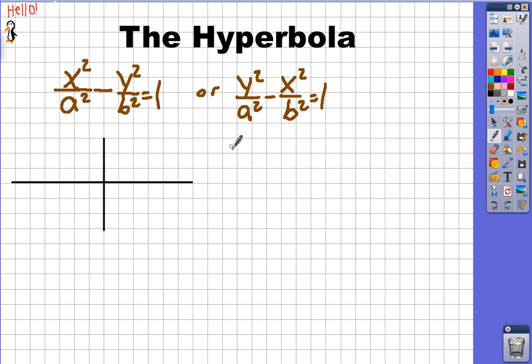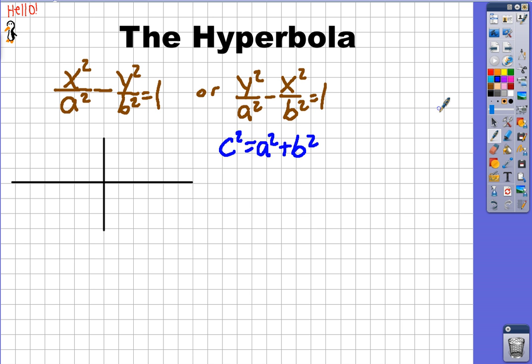This time, c is found not by c squared equals a squared minus b squared, but a squared plus b squared. So this is actually back to the Pythagorean theorem, or at least the way that we remember it. So here's one way I remember it. The equation with the minus uses the equation with the plus. The one that had the plus here had the minus there. So the first thing we're going to do is figure out how to find our vertices.